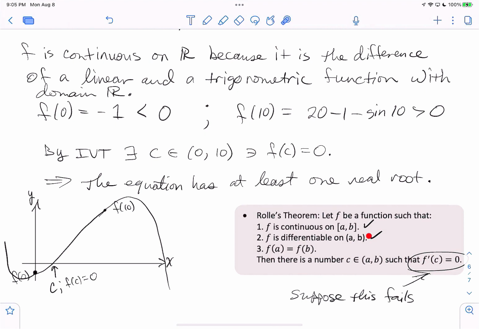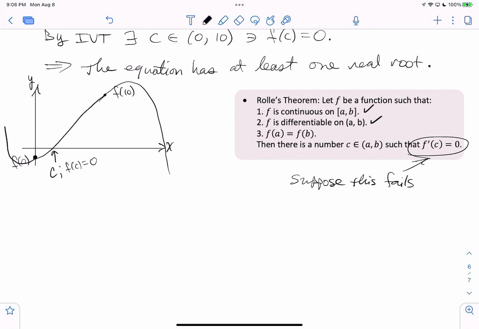If those two are true and the conclusion fails, then it must be that number 3 fails as well, because if 1, 2, and 3 are true, then the conclusion will have to be true. So if I can show that there's no zero derivative, then I can show that there aren't two places that have the same output value. In particular, there aren't two places where the function value is equal to 0. It's called a proof by contradiction.